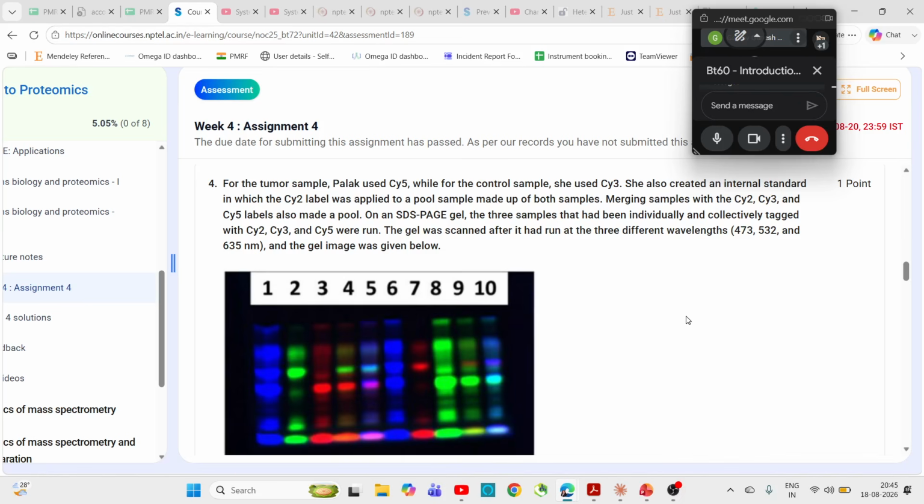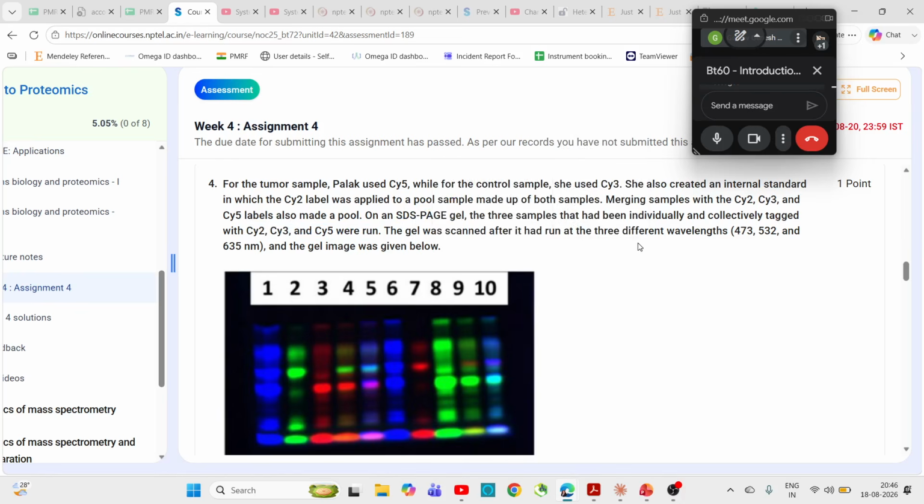For a tumor sample, Psi5 was used. For the control sample, Psi3 was used, and she also created an internal standard with Psi2. The internal standard indicates mixing the tumor sample and control sample together, pooling them and labeling them with Psi2. Then all of the samples were merged together, an SDS gel was performed, and collectively tagged samples were run.